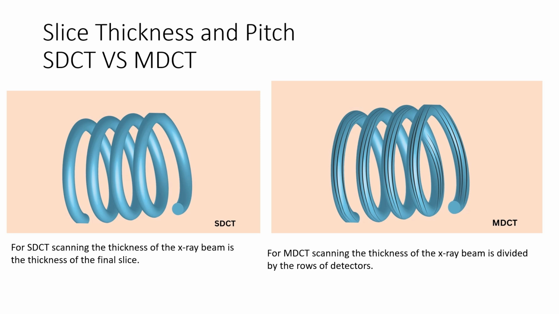For instance, if the beam collimation is set to 5 millimeters, then the slice thickness is 5 millimeters. For multi-detector CT scanning, the thickness of the X-ray beam is divided by the number of rows of detectors.